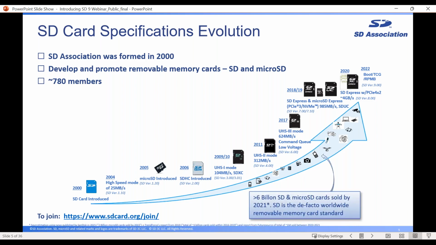And I can say that the best proof of success for this standard is the fact that billions of SD and micro SD cards were sold, and millions of products support those form factors.